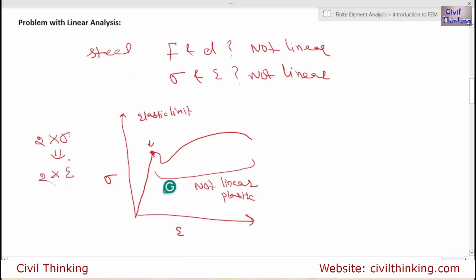But in case of plastic analysis, when you go beyond this point, if you were initially here and then try to decrease the stress, for example here the stress was 4 times and now you decrease it to 2 times, you wouldn't expect 4 times strain to become 2 times strain.